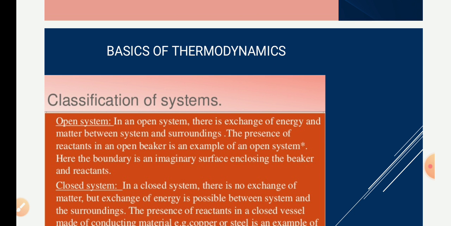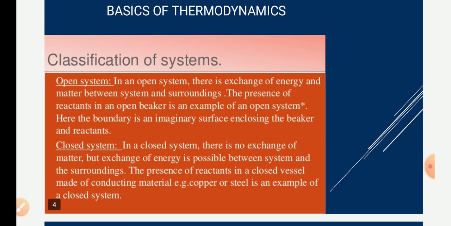Now, basics of thermodynamics: classification of systems based upon the nature of boundary. Systems are classified into three types: open system, closed system, and isolated system. In an open system, there is a transfer of energy and matter between system and surroundings. Here in an open system, the boundary we call the volume surface.